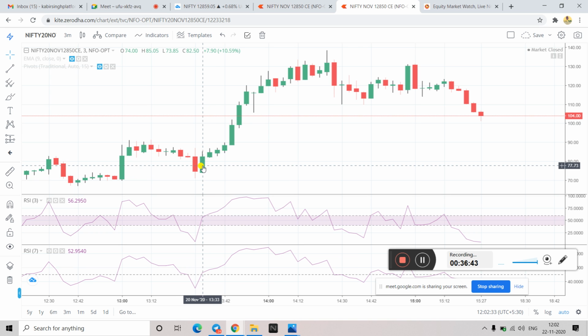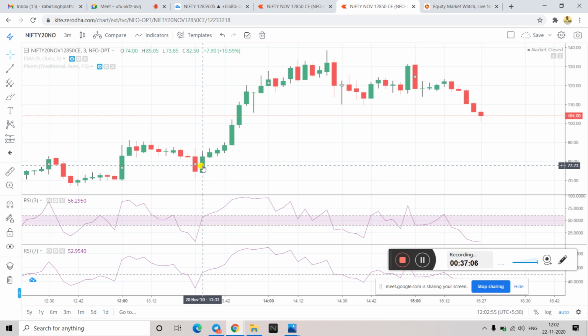Now you just note down the values of this candle. As you can see from the picture, the high is at 85.05. What is the lower price of this? 73.85. Correct. So we add a little buffer to that.